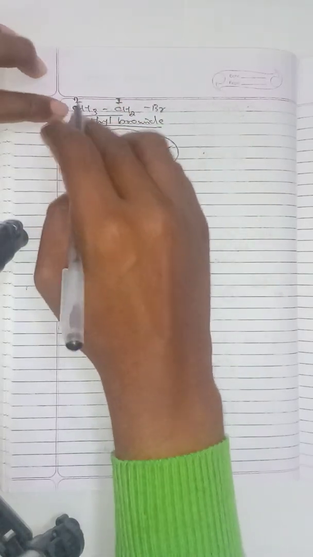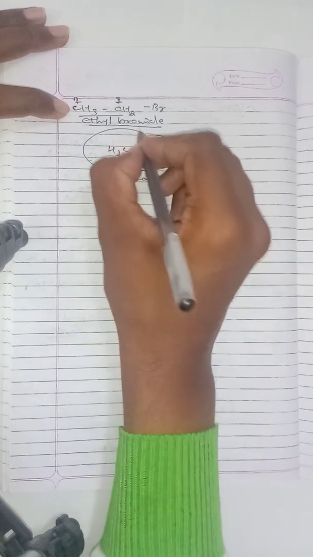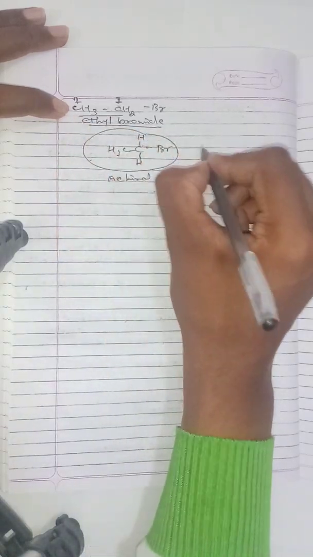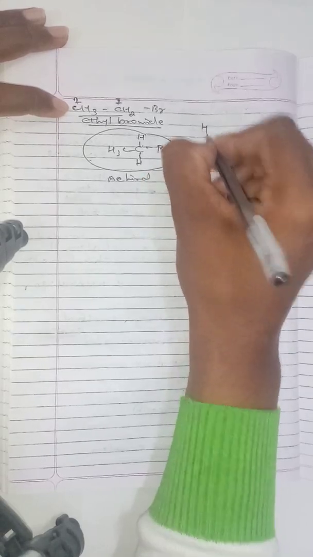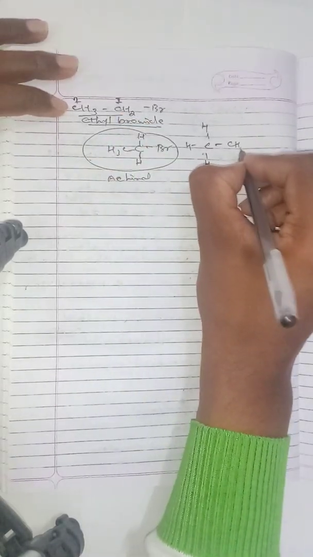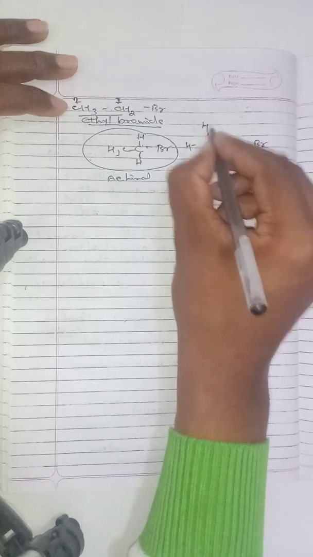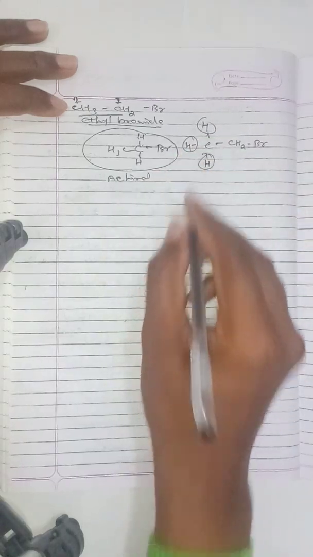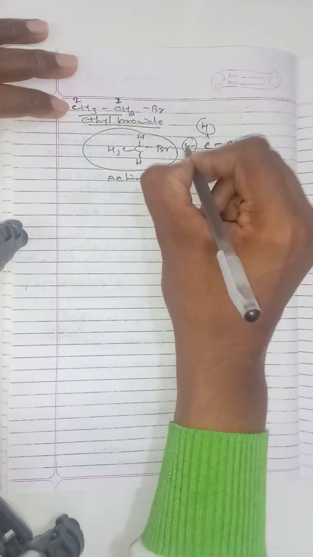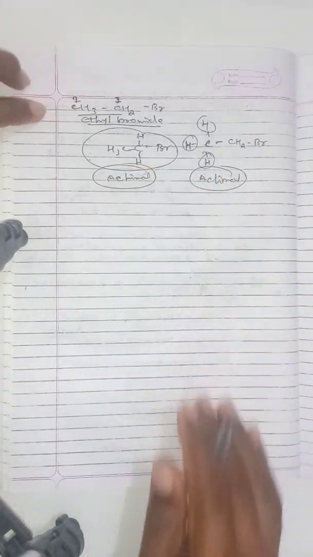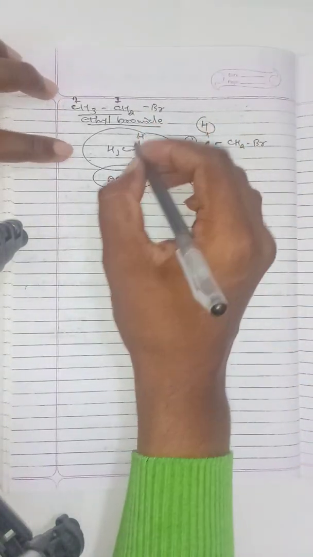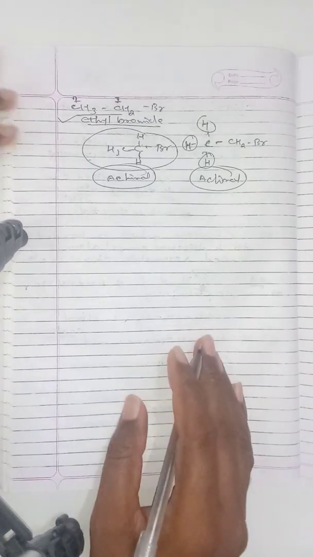Now let's check the other carbon, CH2Br. It has two hydrogen atoms which are the same, so it is achiral. This is the structure of ethyl bromide.